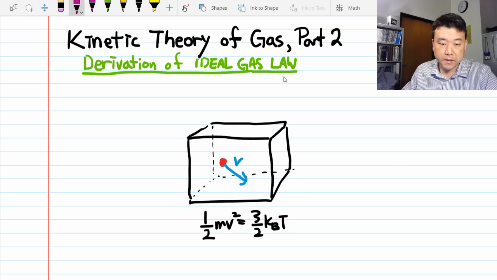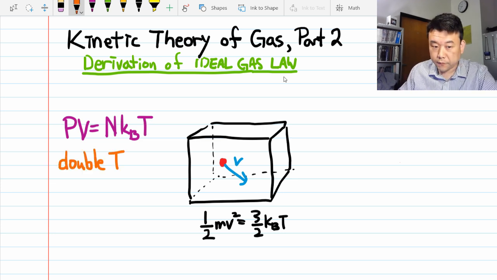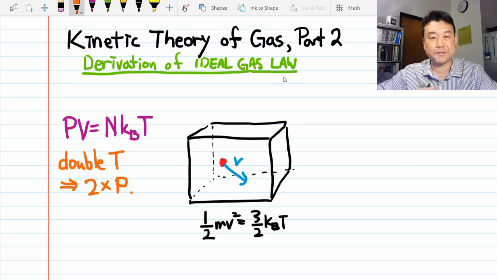Now, from the experimental ideal gas law, PV is equal to NkT, you know that when you double the temperature while keeping the volume the same, that leads to doubling of the pressure. That was almost intuitive. That's how chemists just guessed at it, and that was right.